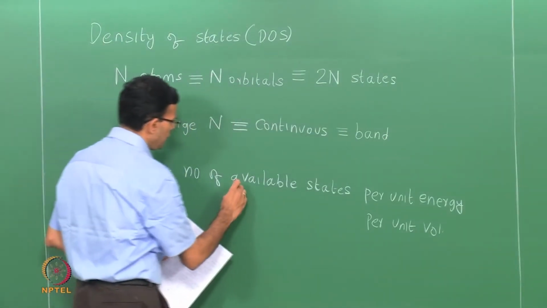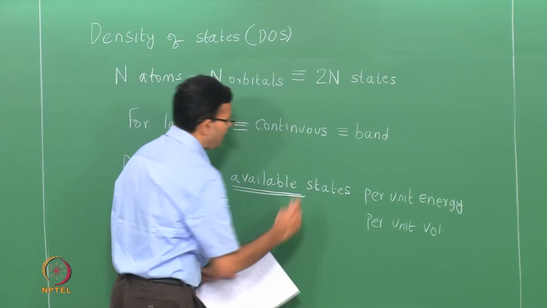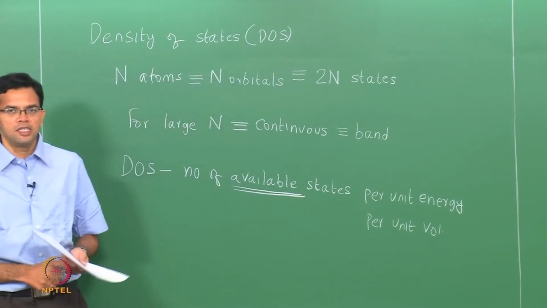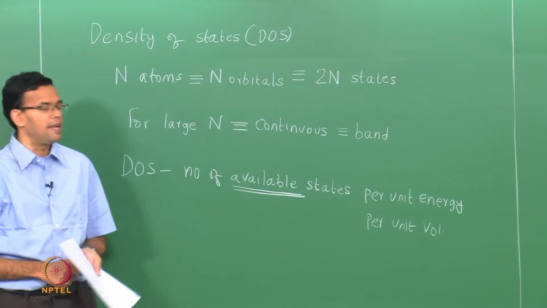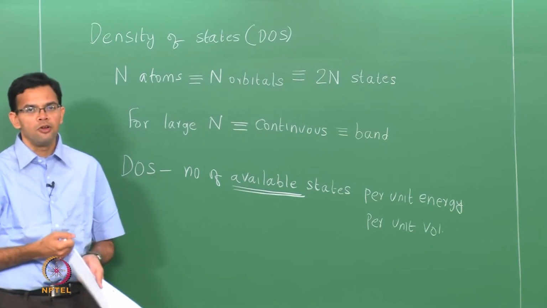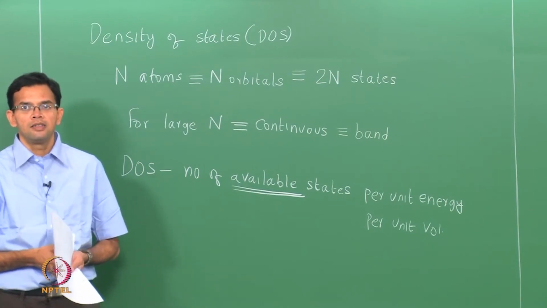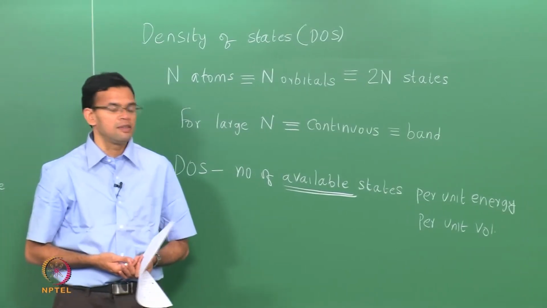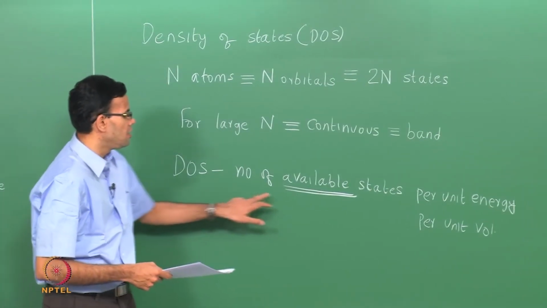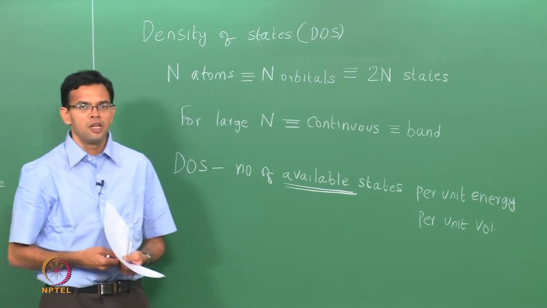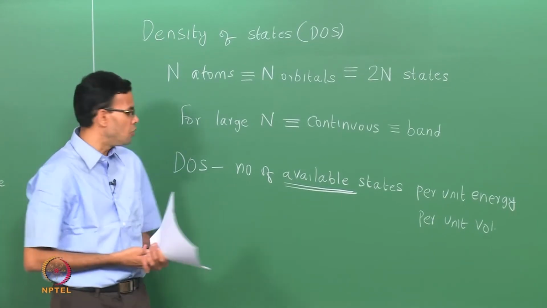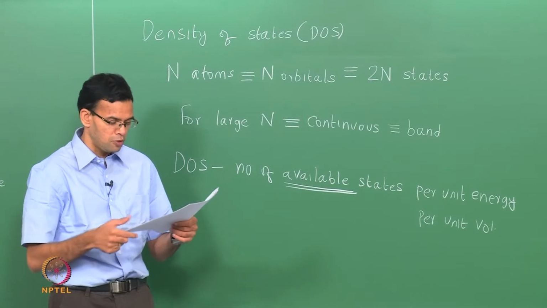The operative word here is the available states. So, these are the states that are available for the electrons to occupy. If you are looking at the conduction band, the density of states in the conduction band tells you how many states are there for the electrons to occupy. If you are looking at the valence band, then you look at the density of states of holes.